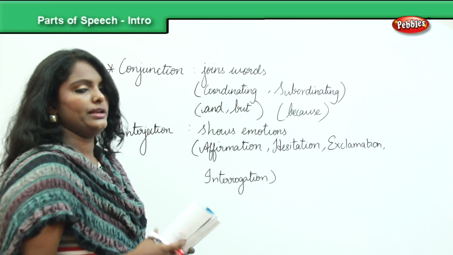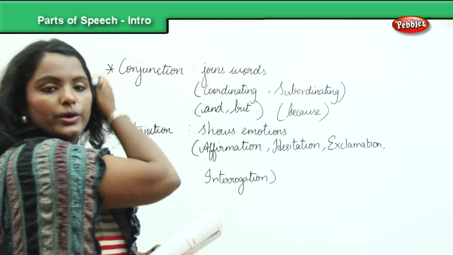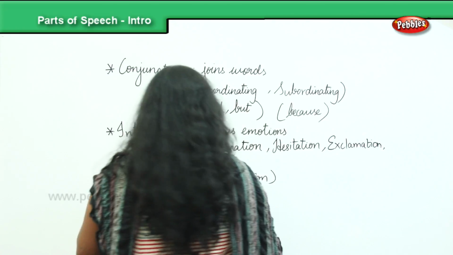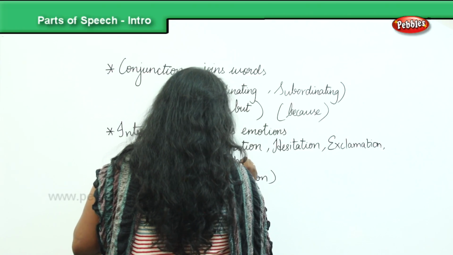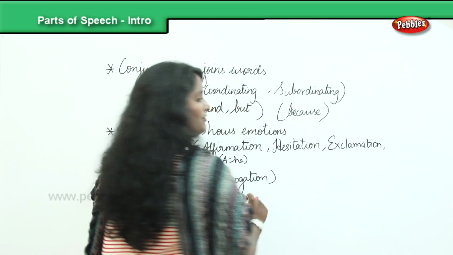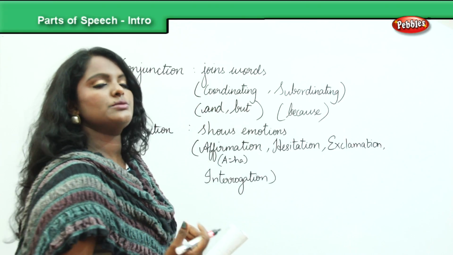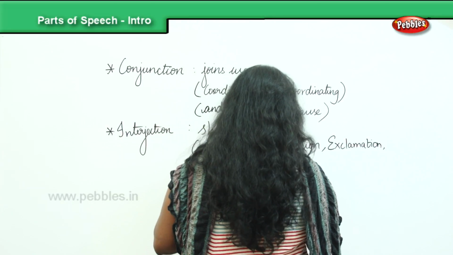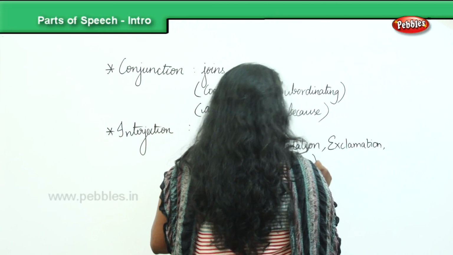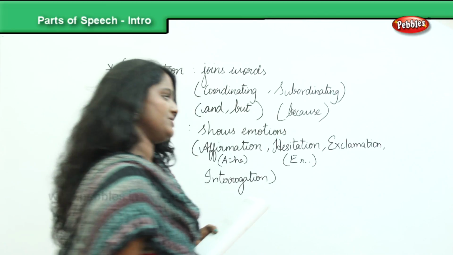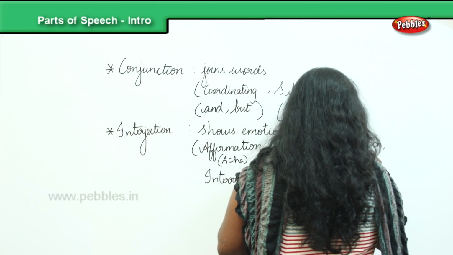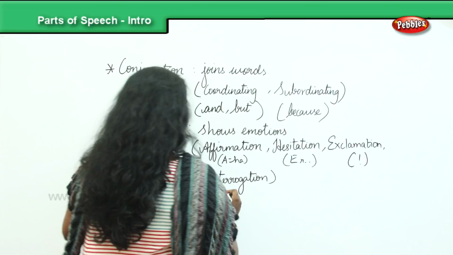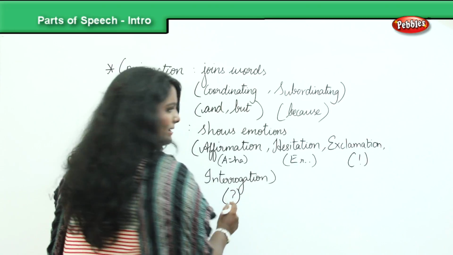Giving an example will help you with clear understanding. Aha is an example of affirmation. When you say aha, it means you are accepting it. Hesitation is a hesitation. Exclamation, we all know what an exclamation is, and interrogation is a question mark.